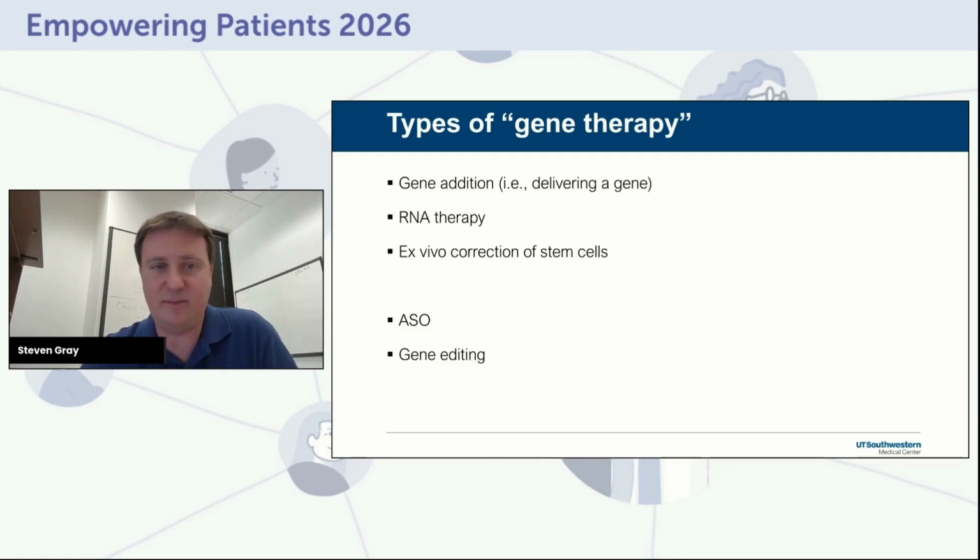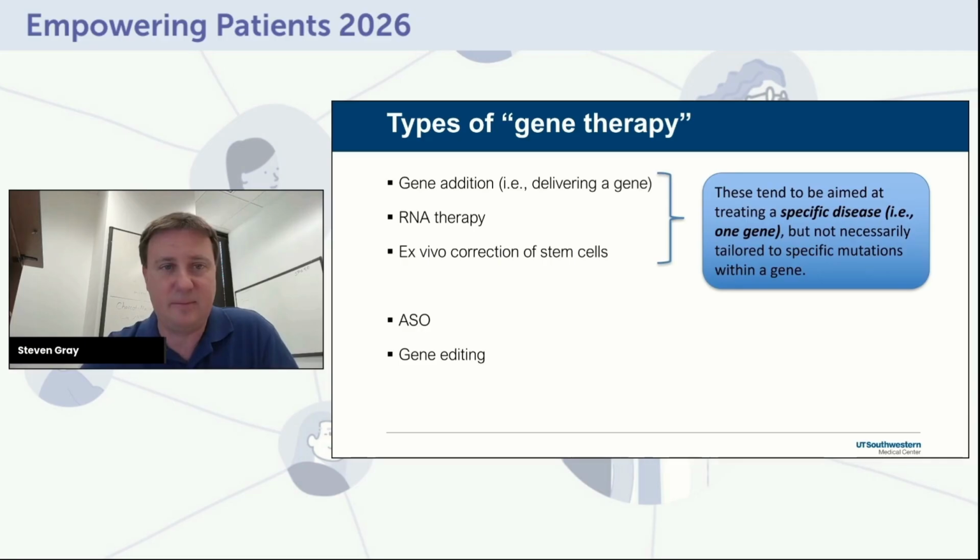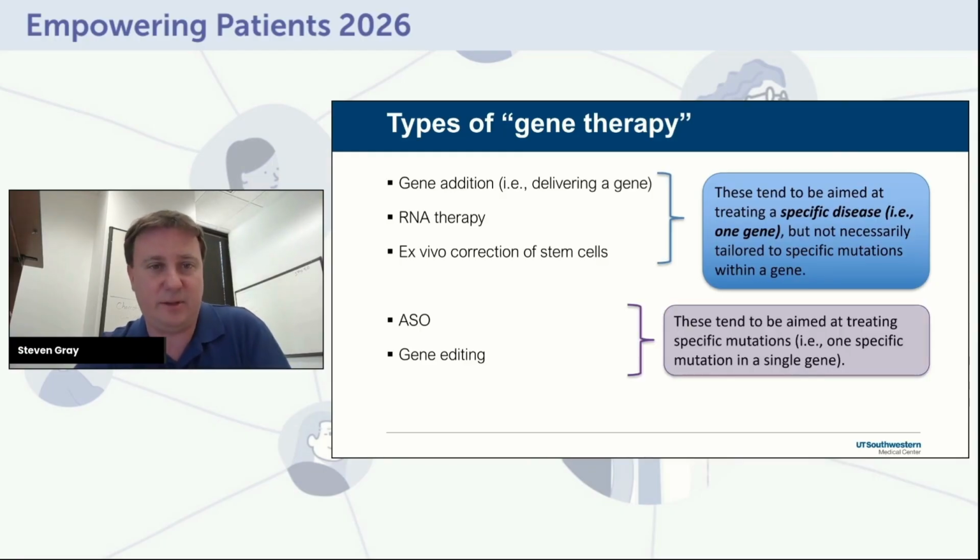And I've separated these out a little bit because the top ones tend to be aimed at treating a specific disease, a disease that is all caused by different changes in one gene. But these are not necessarily geared or tailored to specific mutations within a gene. And the latter two approaches tend to be aimed at treating specific mutations.